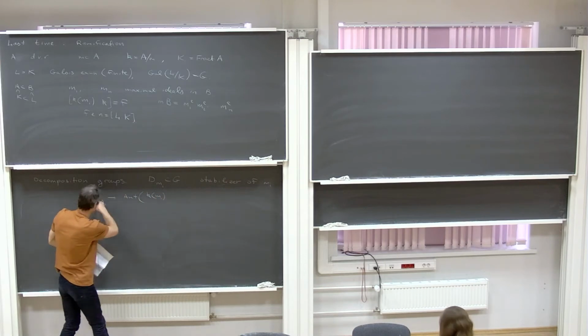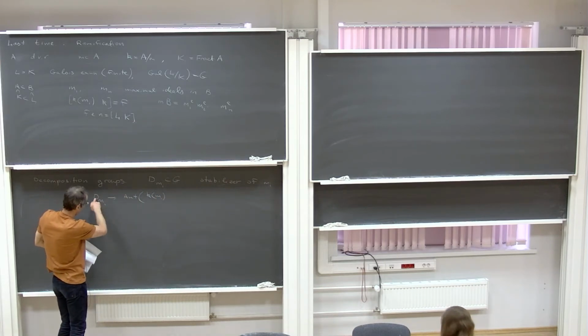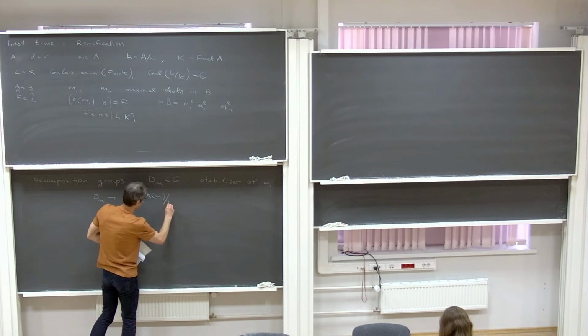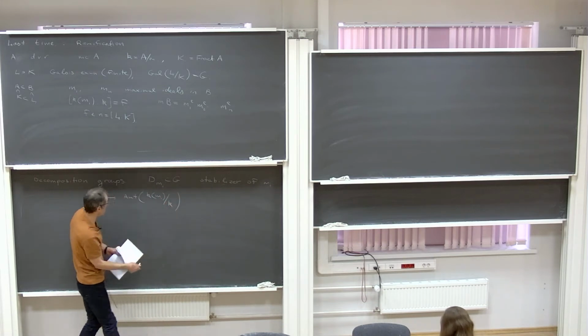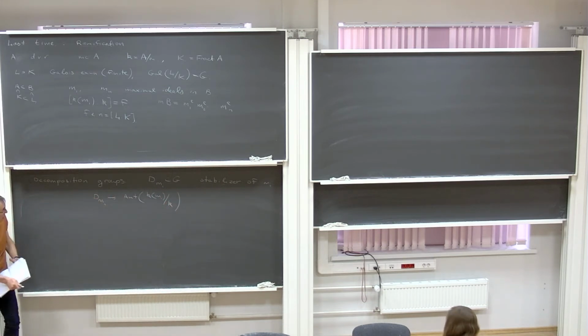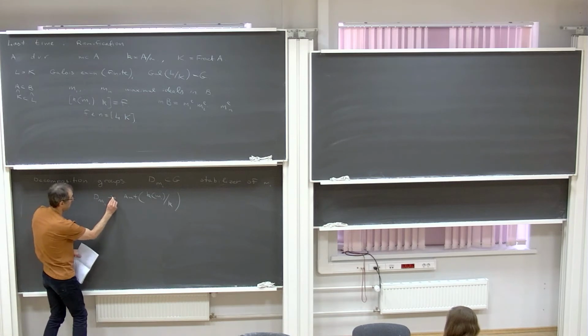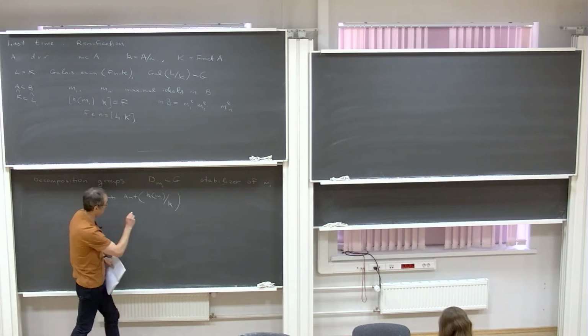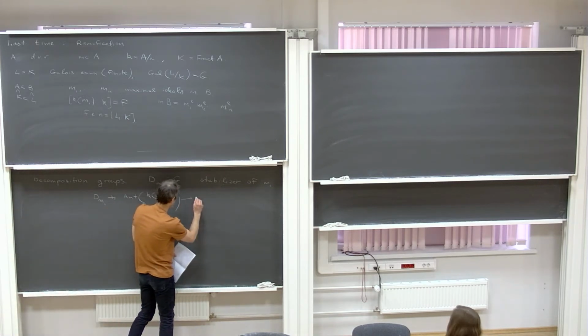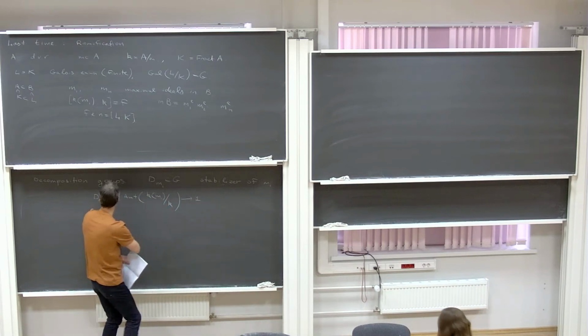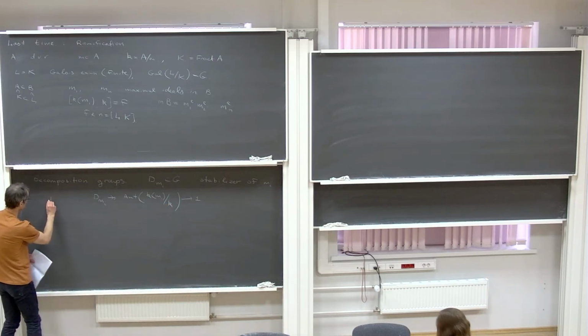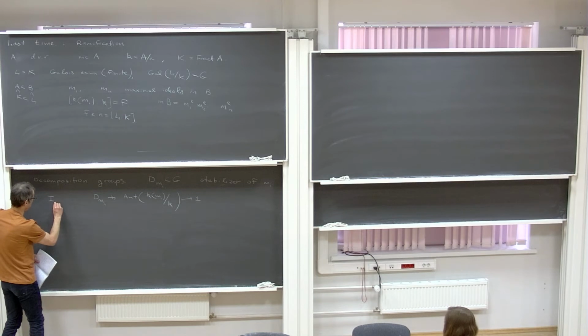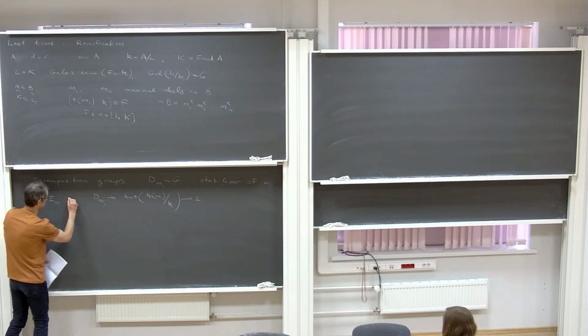And it defines a homomorphism from this decomposition group to the automorphism group of the residue field extension, and we showed that this homomorphism is surjective. And the kernel is called the inertia group. Okay?